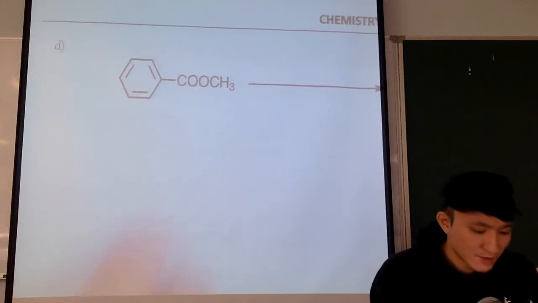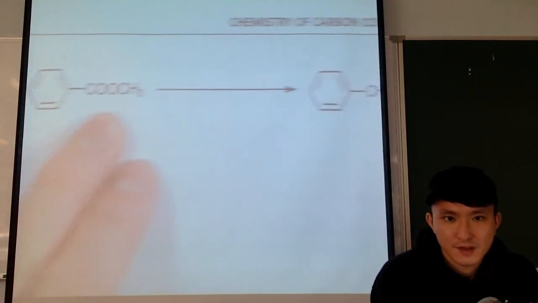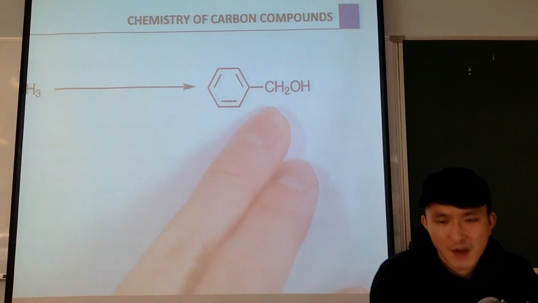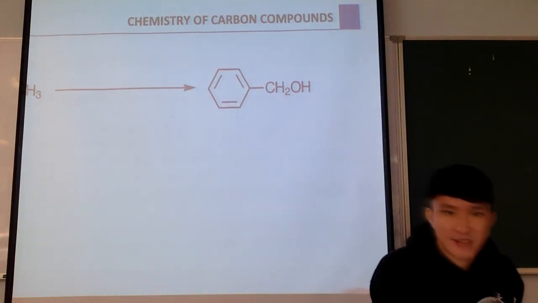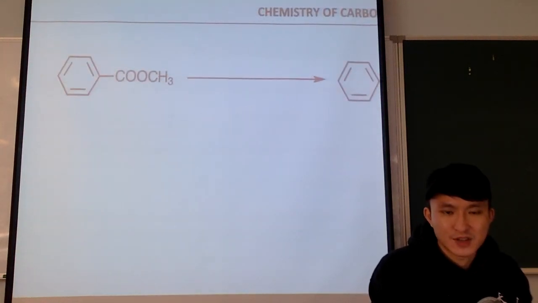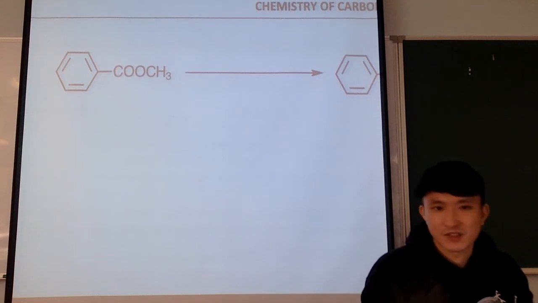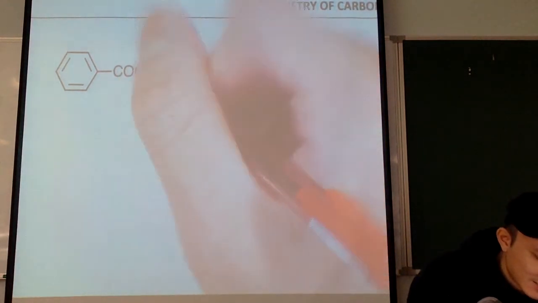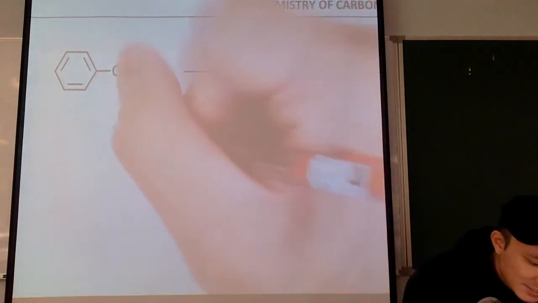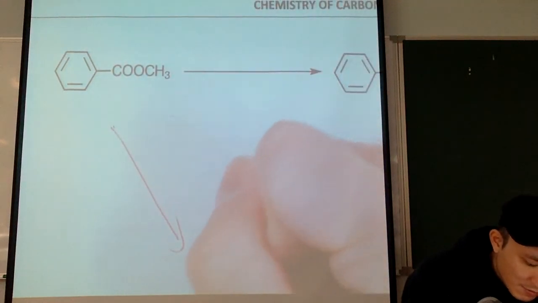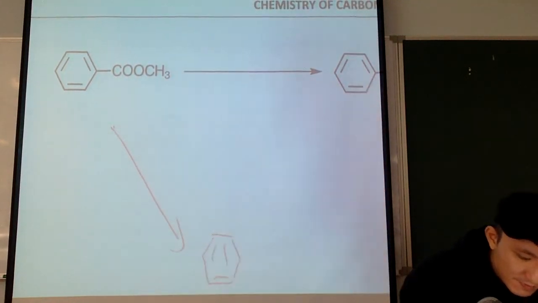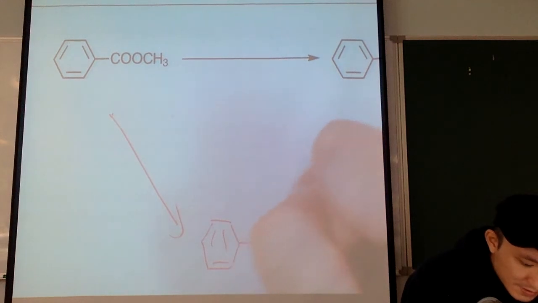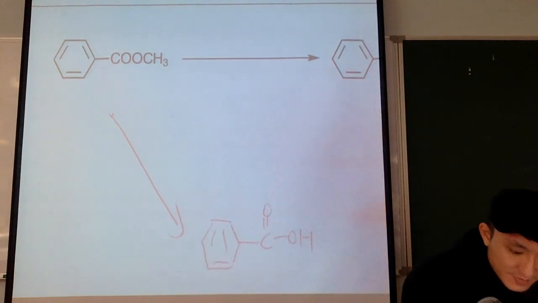Okay, part D. So we have an ester changing into alcohol. Ester into alcohol. So for ester, the only reaction is to hydrolyze it. So you can hydrolyze it using acid hydrolysis, right? So it will form this one.